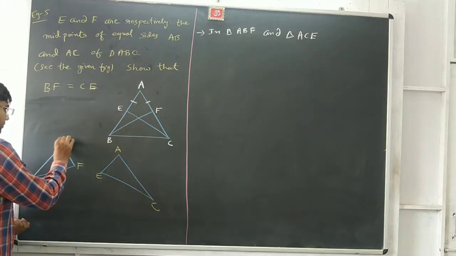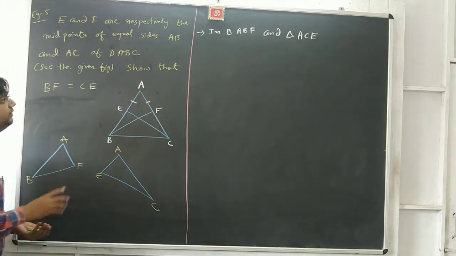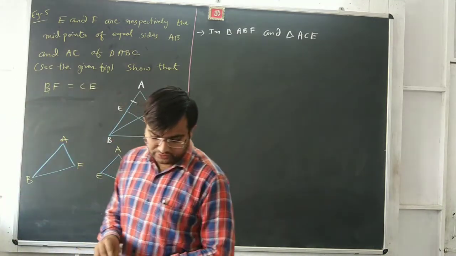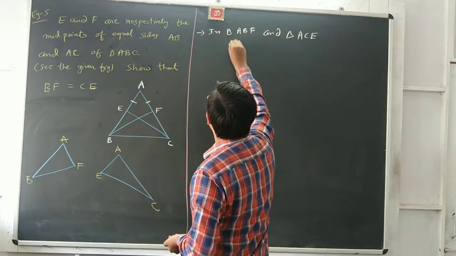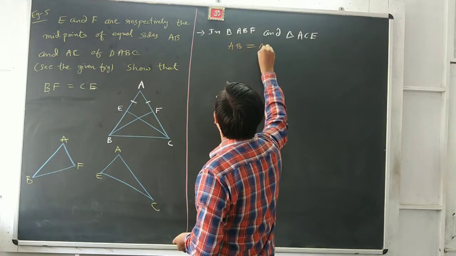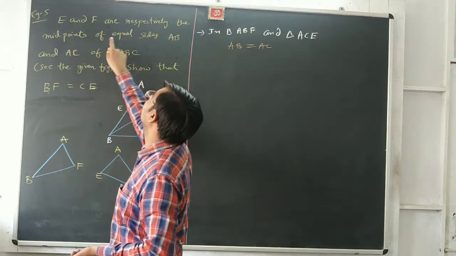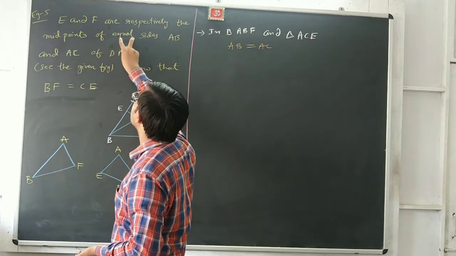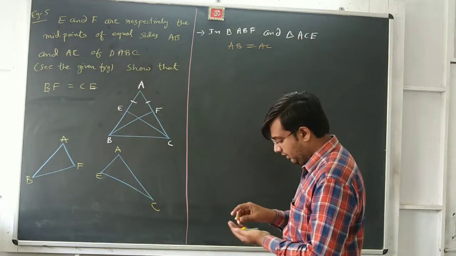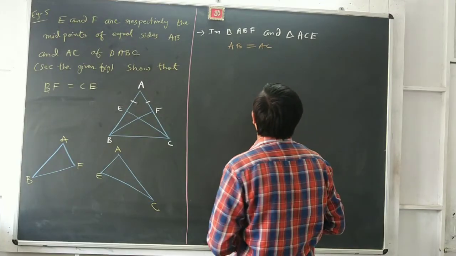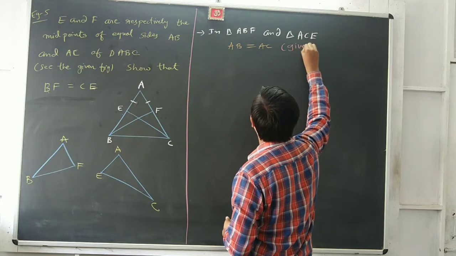So in both triangles we know that AB is equal to AC, because E and F are respectively the midpoints of the equal sides AB and AC. It is given in the data.